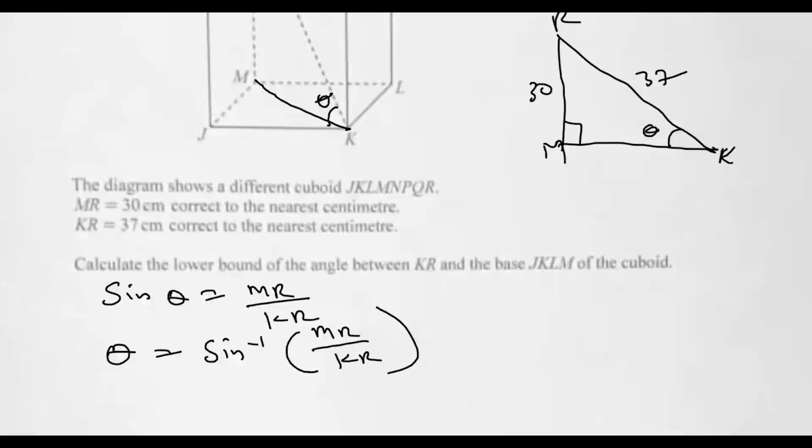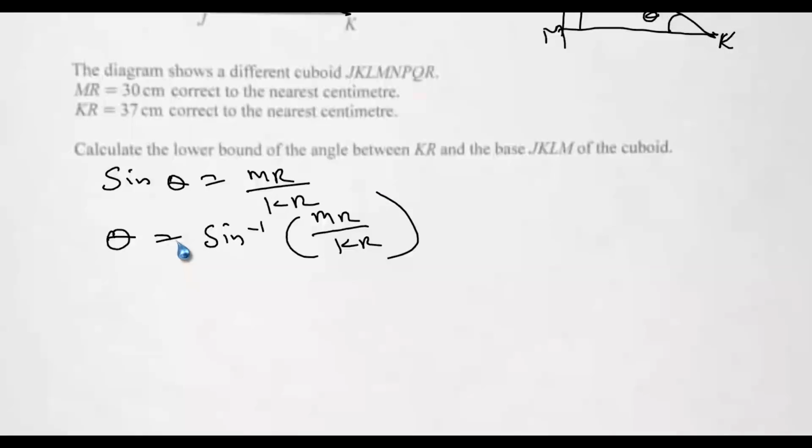Okay, so now this is the angle between MR and KR, but we need to find the lower bound of the angle. So to get the lower bound of the angle, we need the lower bound of MR and then the upper bound of KR.